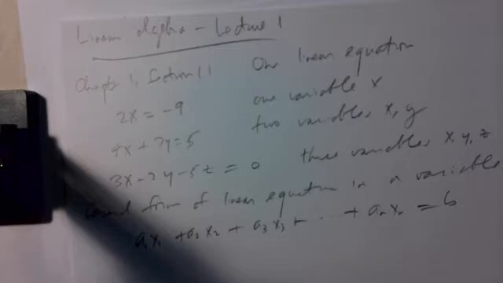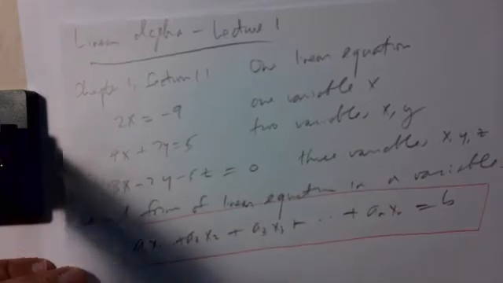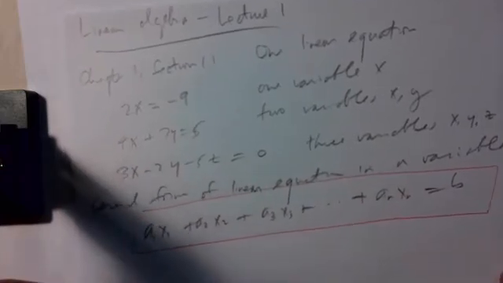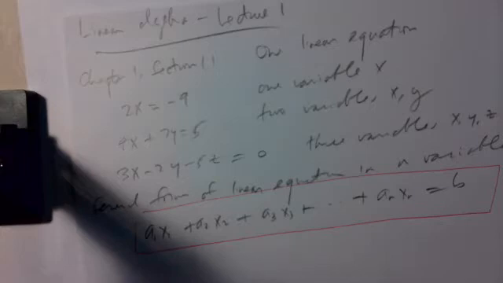So this is what a linear equation looks like. And the first thing we do is study the solutions of one linear equation. It doesn't matter what letters we use for the variables. It could be x, y, z. It could be x1, x2, x3, and so on, or y1, y2, y3, or t1. Doesn't matter.